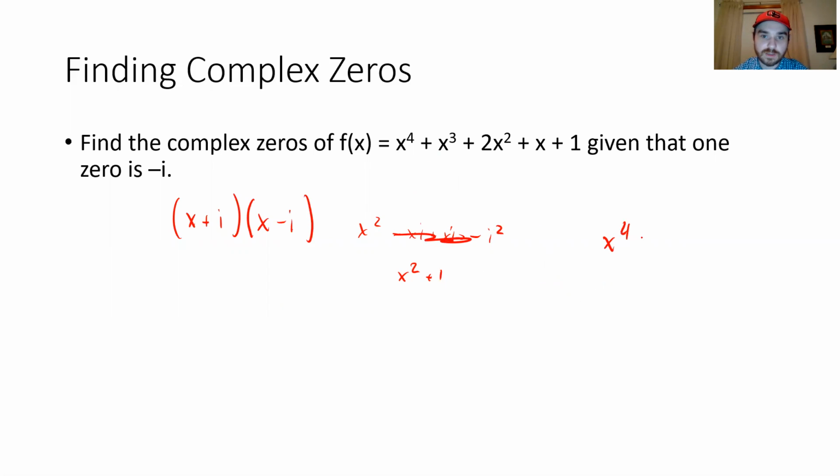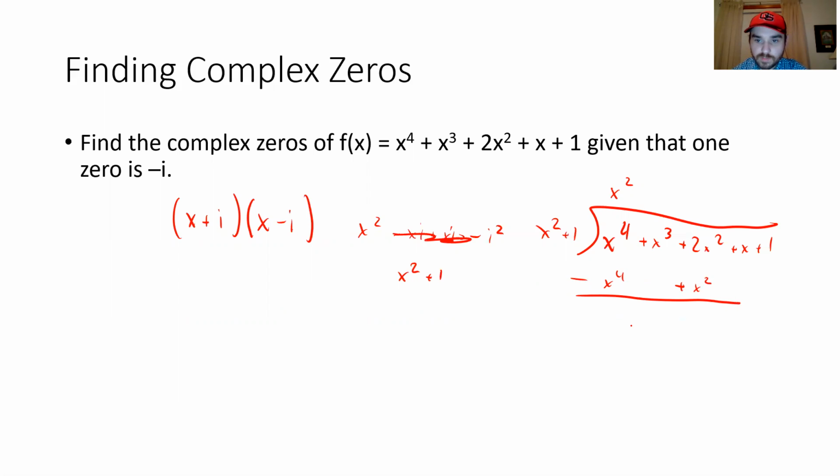So good old-fashioned fun times, x to the fourth plus x cubed plus 2x squared plus x plus 1 divided by x squared plus 1. Now, dividing this again, we're going to get an x squared to start. That gives us x to the fourth plus x squared. Subtract these, and we're left with x cubed plus x squared plus x plus 1.